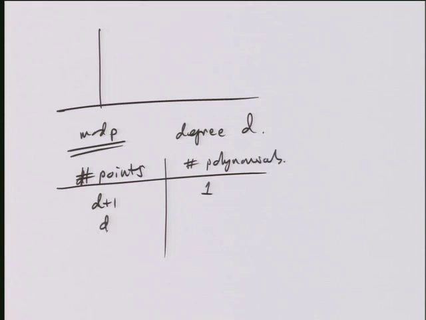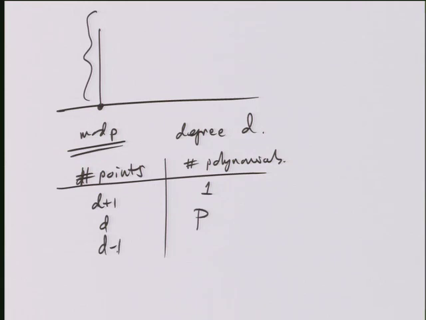Well, you can now choose the value at one point completely freely, and for each way of doing that, there's exactly one polynomial. But how many ways are there of choosing the value at one point? P. So there'd be exactly p such polynomials. Now what if you knew the value at d minus 1 points?